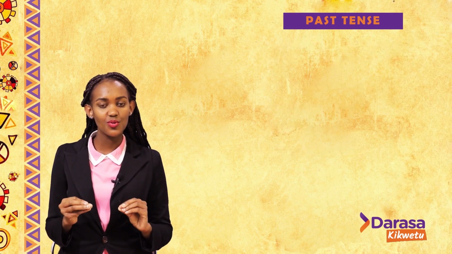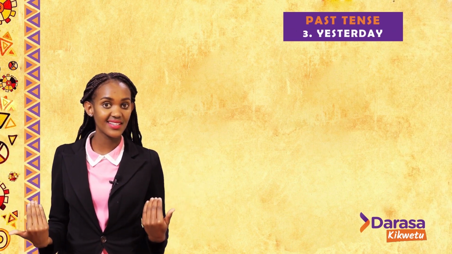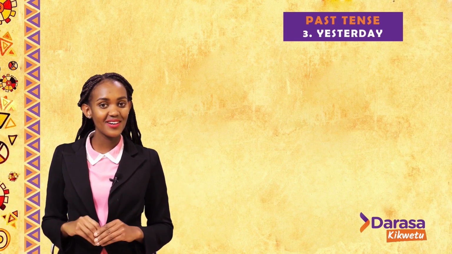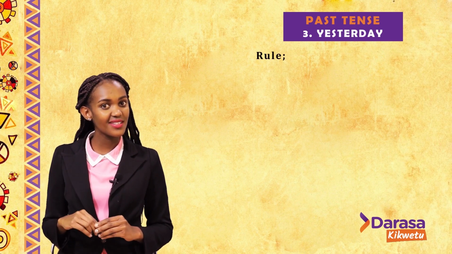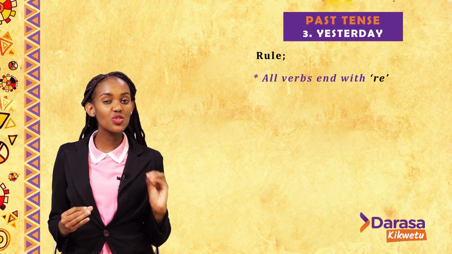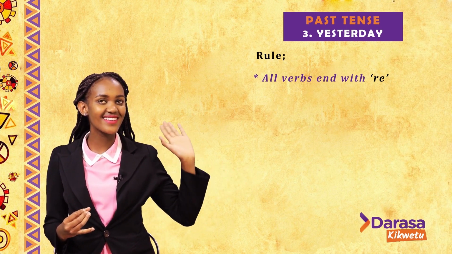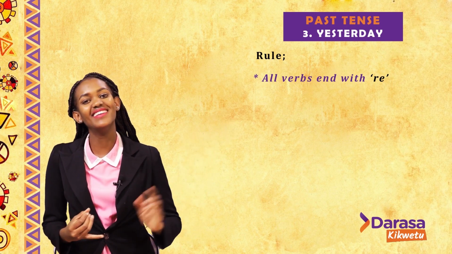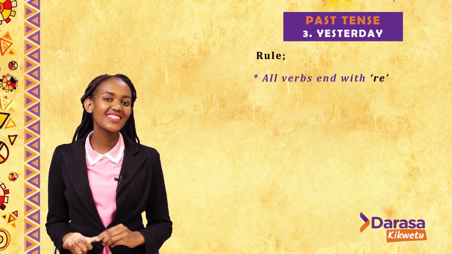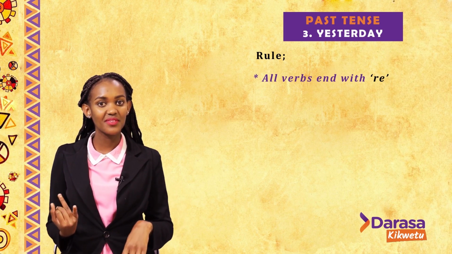How do you know that something happened yesterday? Here the rule is at the end of the verb you make sure it ends with re. Why am I thinking in English? I'm teaching Kikuyu. So re.